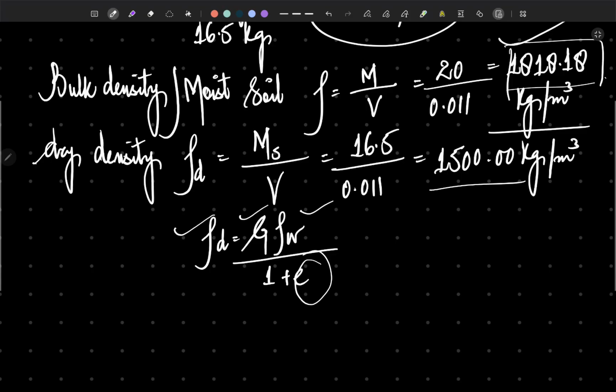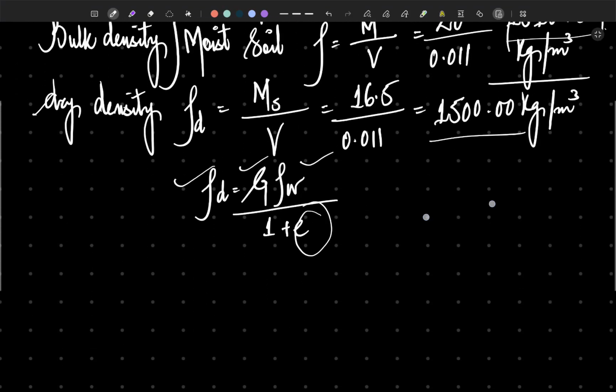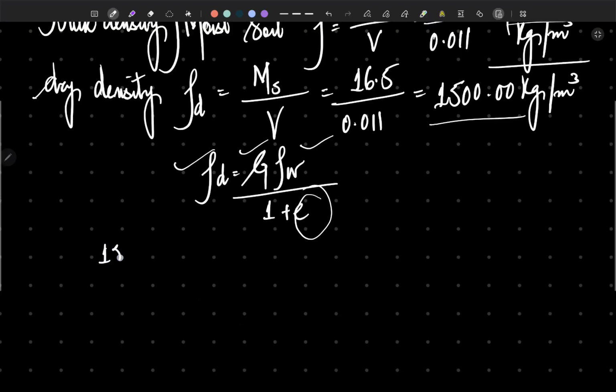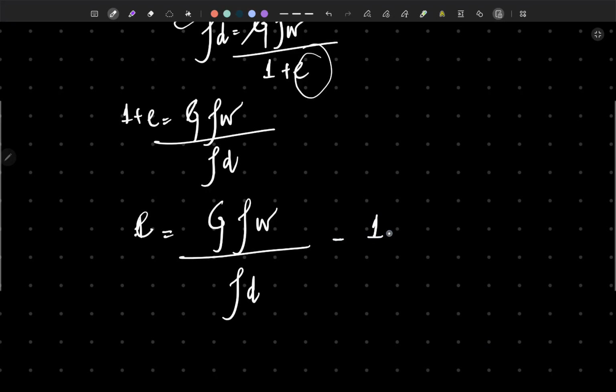So let's go on substituting the values and find the void ratio. Dry density, how much? 1500. Let me write the expression first, to make it a little more convenient. I may write 1 plus e is G rho w divided by dry density, or e is equal to G rho w divided by dry density minus 1.